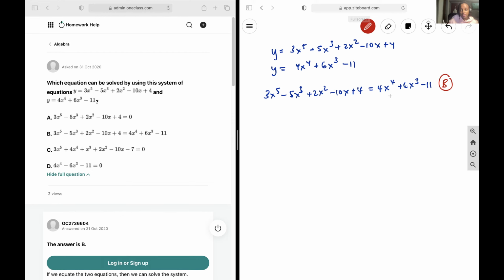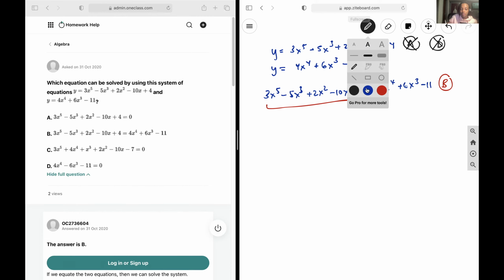A is just this half of the equation, and that isn't the full thing, so A is wrong. B we have said is correct. C, we can find out if C is correct by moving all of our variables to one side of the equation. D we know is just this equation, so D is incorrect too.